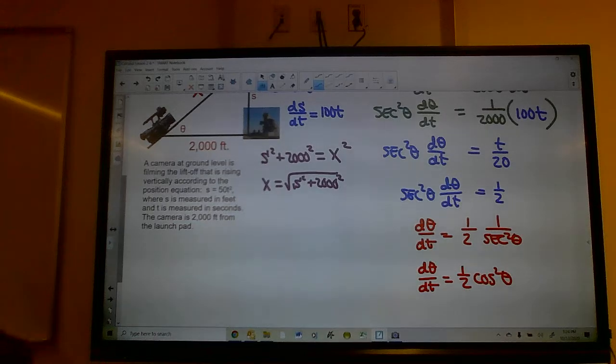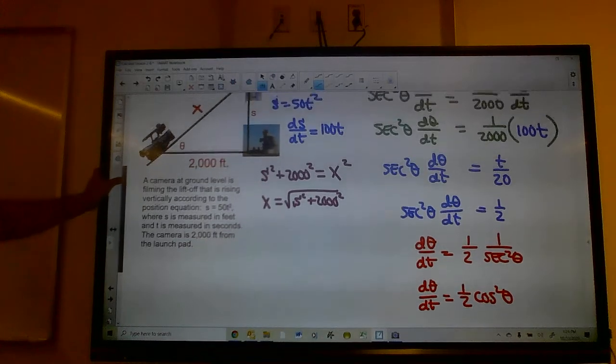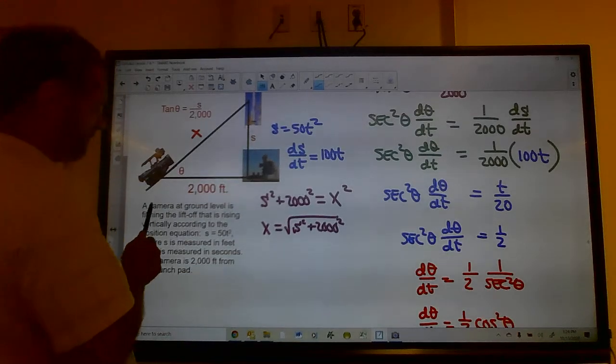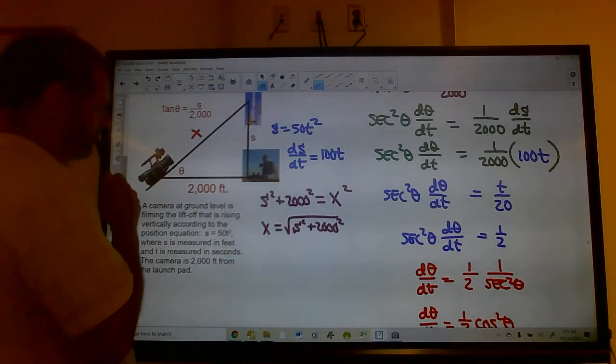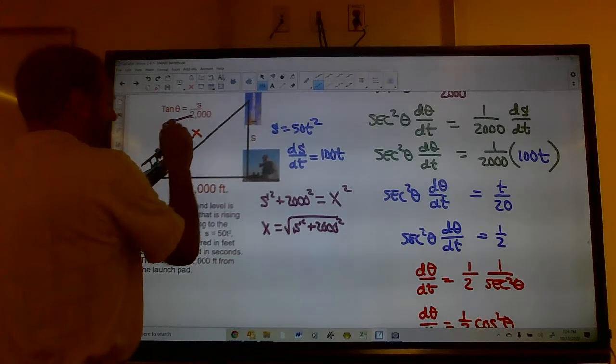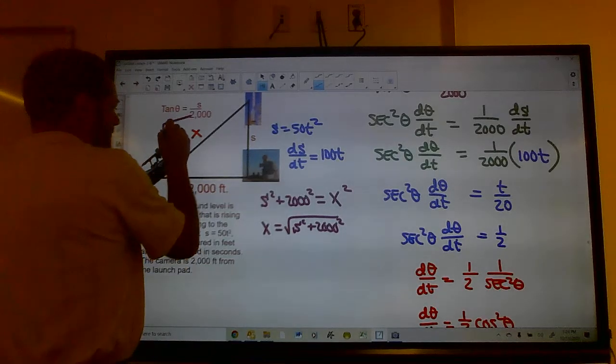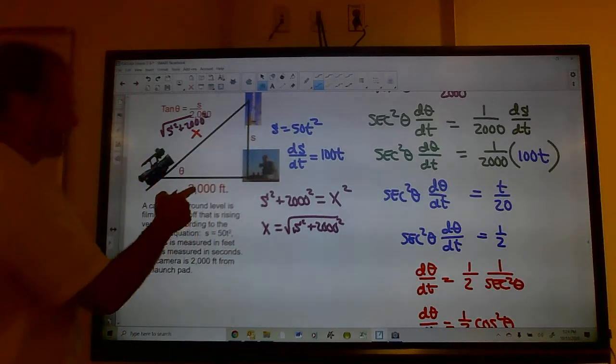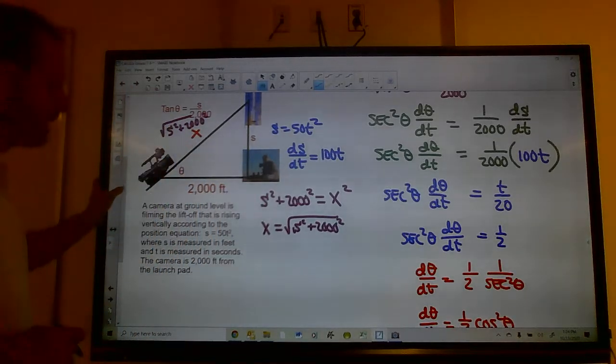So let's see. The cosine, let's see, if the hypotenuse is the square root of s squared plus 2,000 squared, then the cosine is the adjacent over the hypotenuse. So here we go.